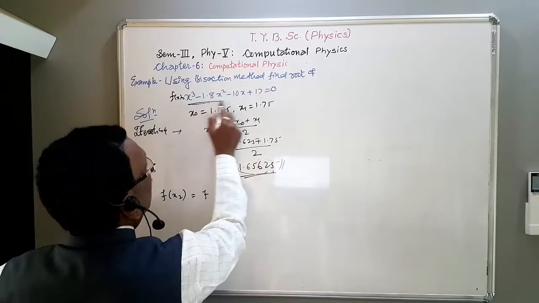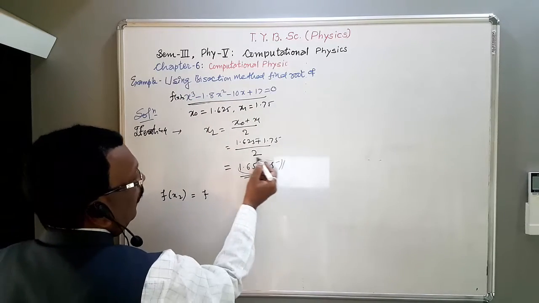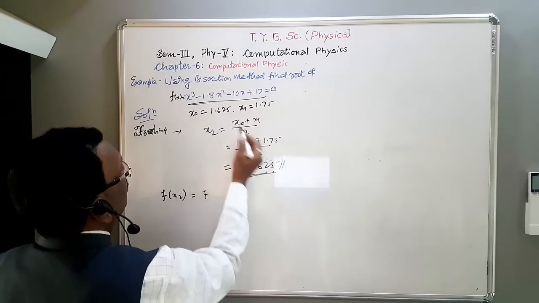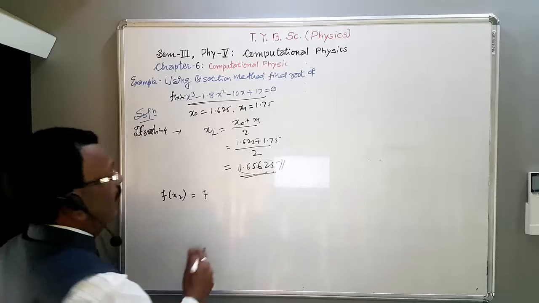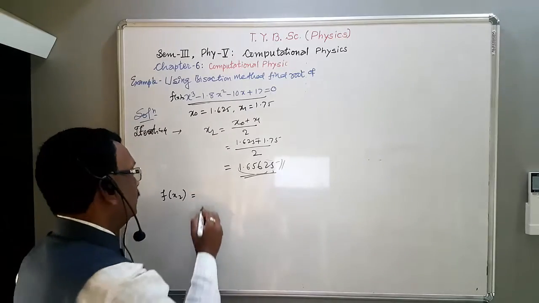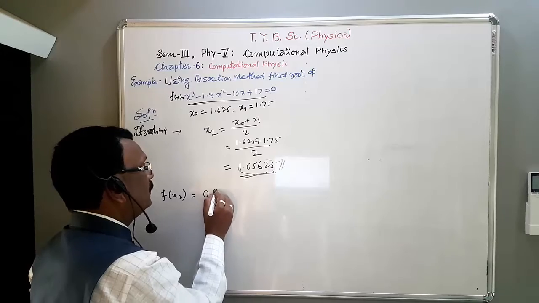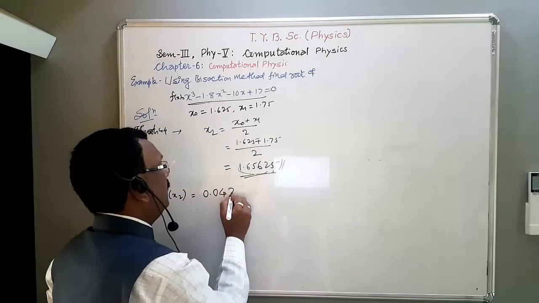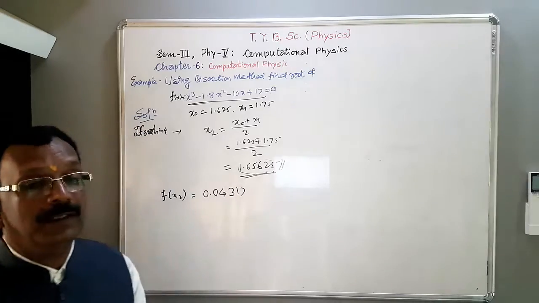By putting the value of x in this function and solving this, we will get approximately 0.04317.